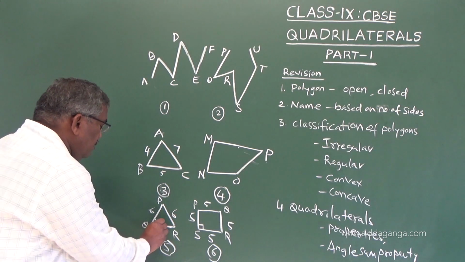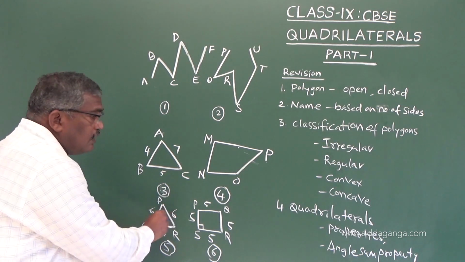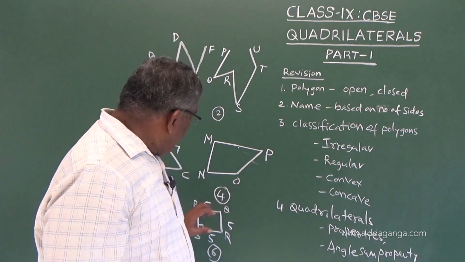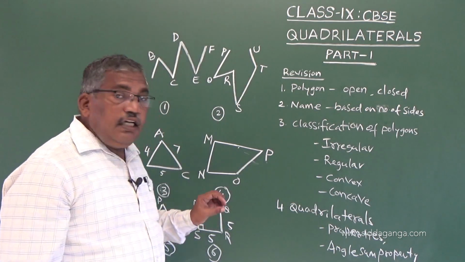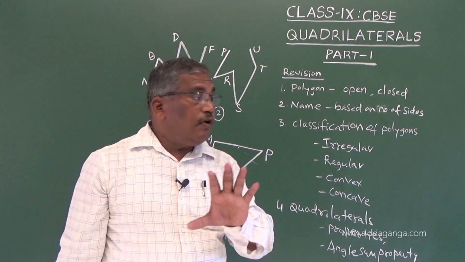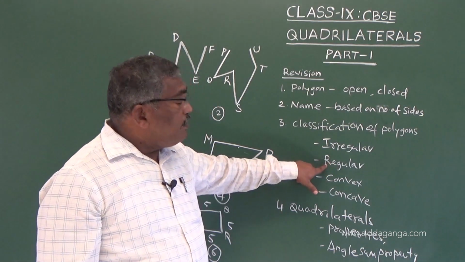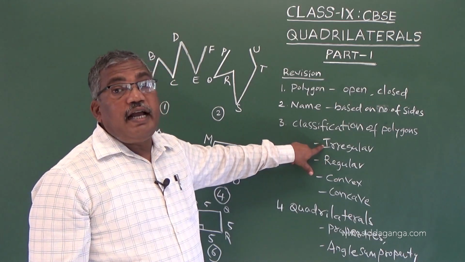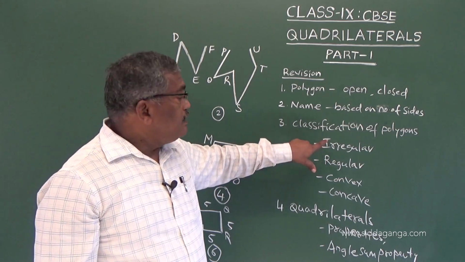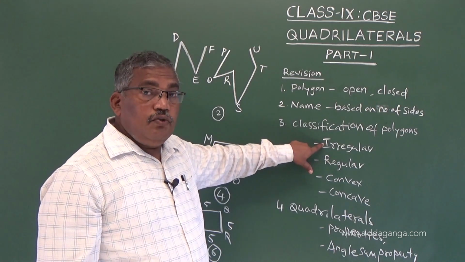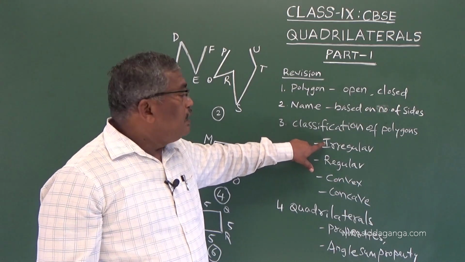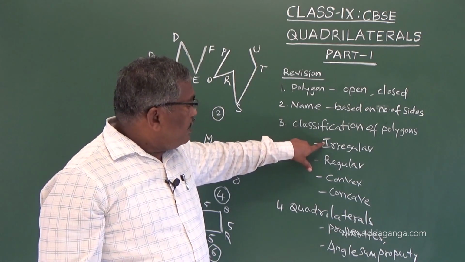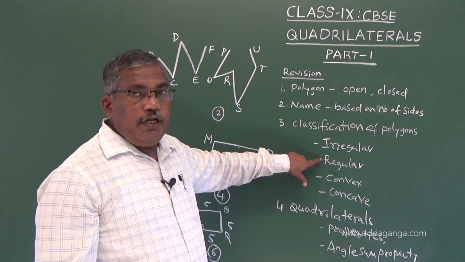Here automatically they will be 60 degree each. The angles will be equal and the sides will be equal. If the angles and sides in a polygon are equal, we call it a regular polygon. If the length of lines and angle values are different in a polygon, it is called an irregular polygon.